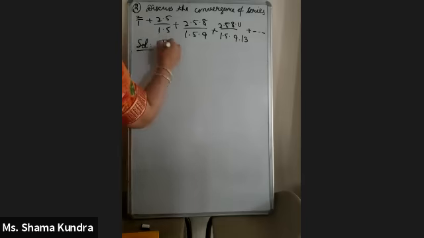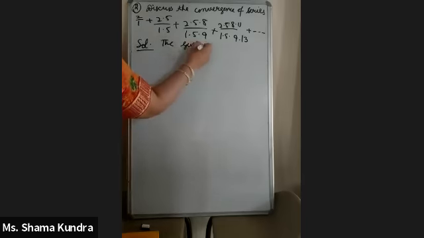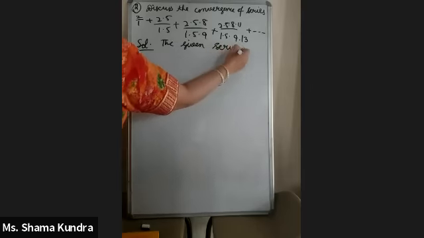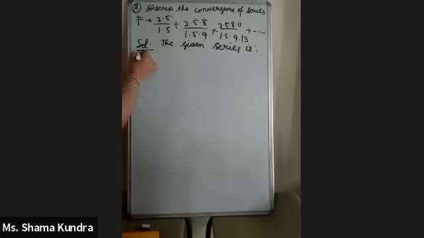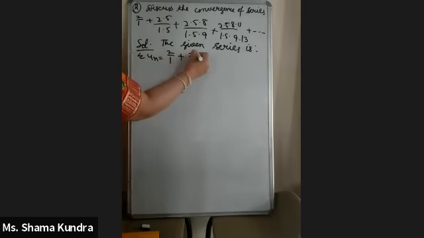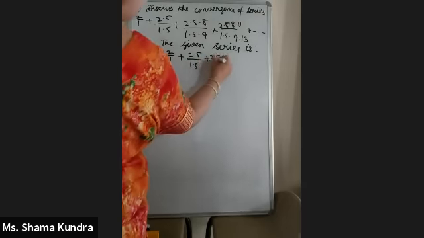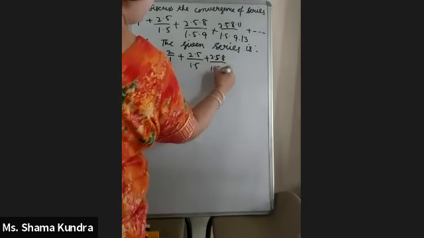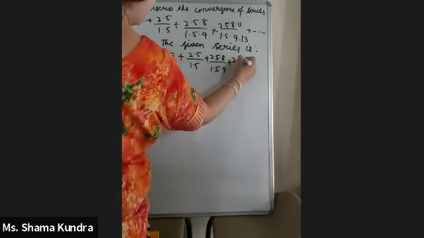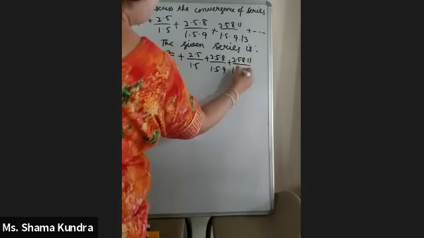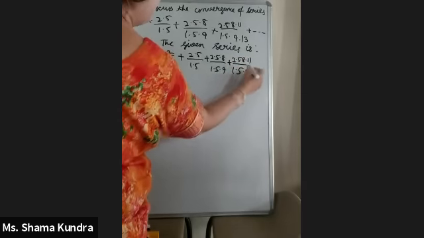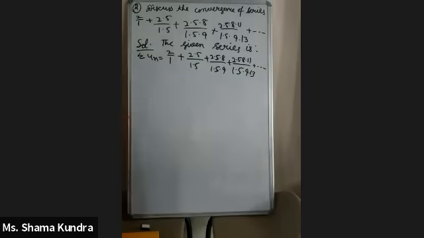The given series is 2 by 1, 2 into 5 by 1 into 5, 2 into 5 into 8 by 1 into 5 into 9, 2 into 5 into 8 into 11 by 1 into 5 into 9 into 13, and so on. Now, un.